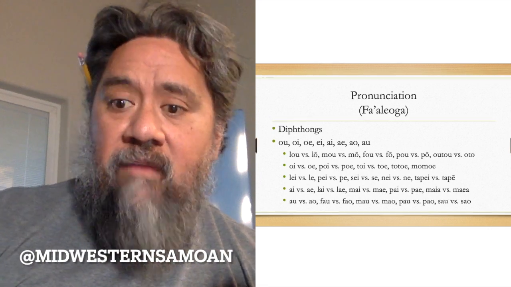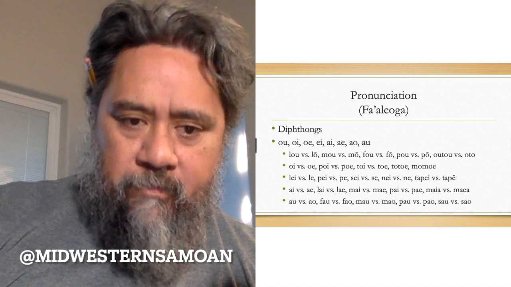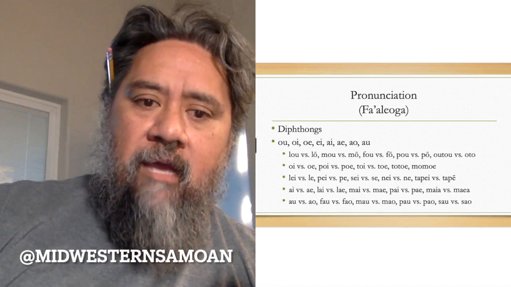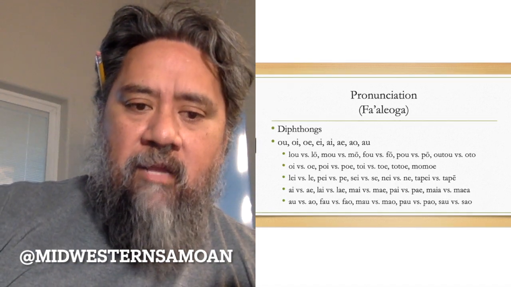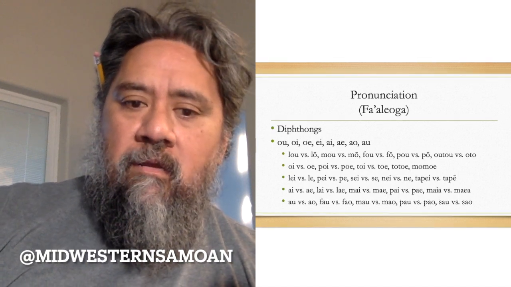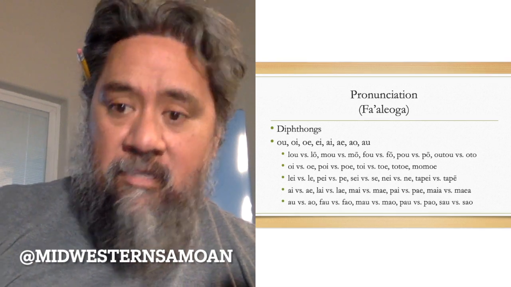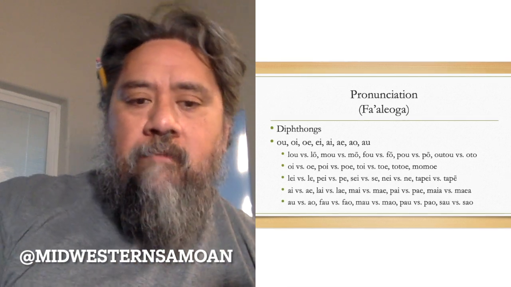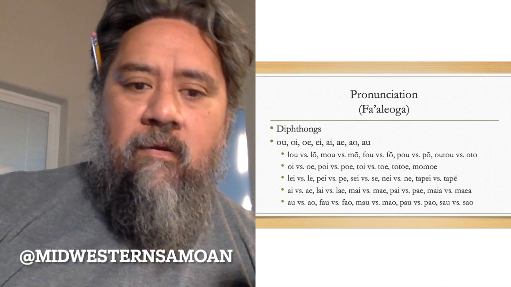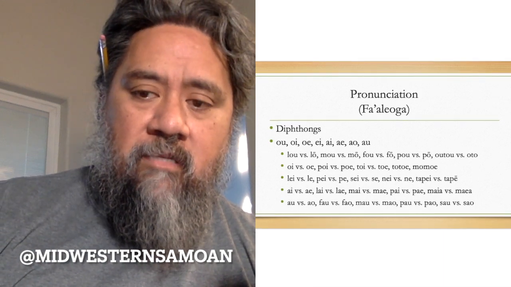So like even the Y, there's no Y in the Samoan language. So you have the oi, and it sounds like a y at the end, like in poi, toi, right? But it's not. It's oi. And then you have another one to pay attention to.